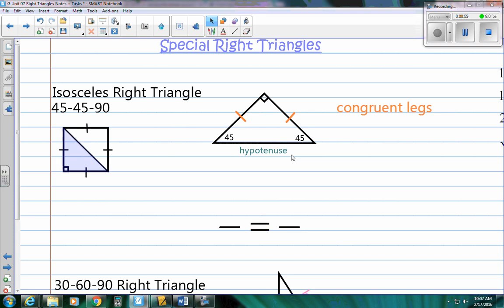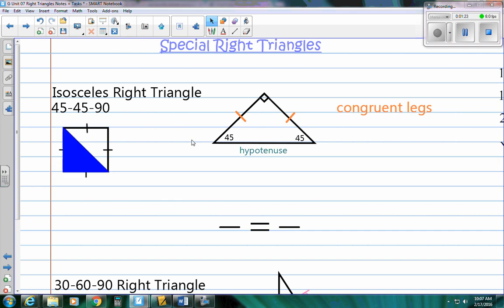So that one is different. It's also known as the 45-45-90 because in an isosceles triangle, the base angles, of course, are also congruent. So these two angle measurements would have to be 45 degrees each to combine with the 90-degree angle that we have to make it a right triangle for all three angles to equal 180 degrees.